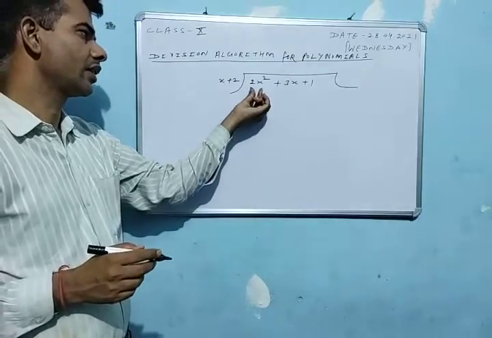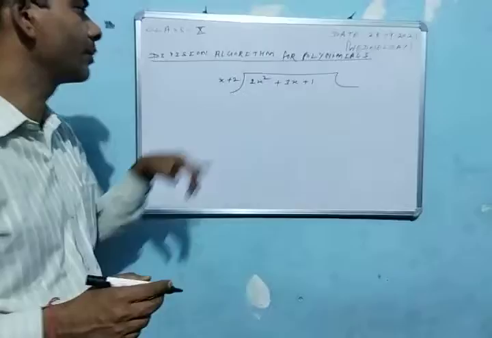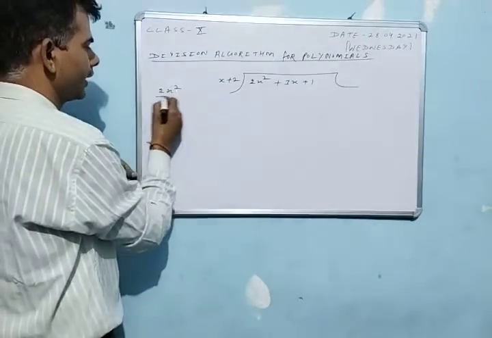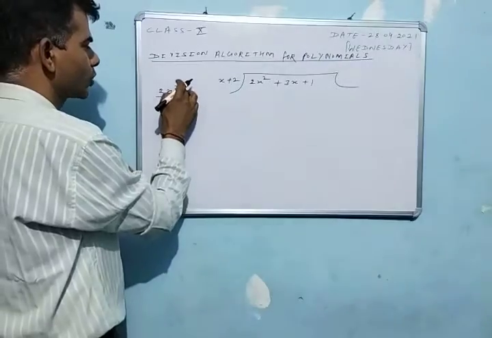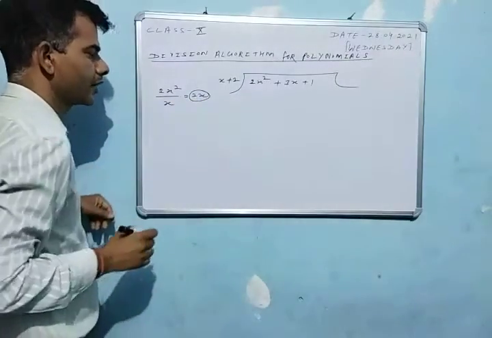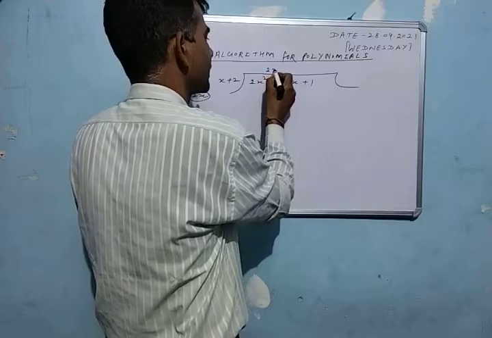Students, x is multiplied by which number so that the result will be 2x square? 2x square divided by x is 2x. Now x plus 2 is multiplied with 2x.